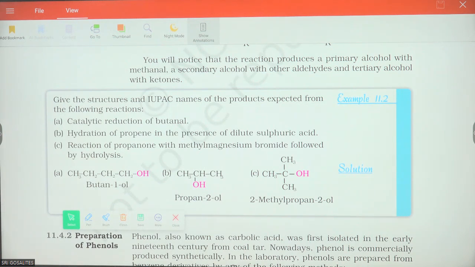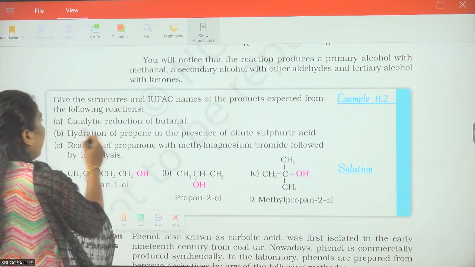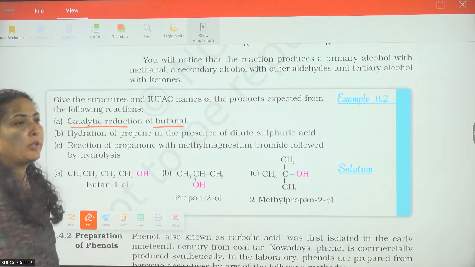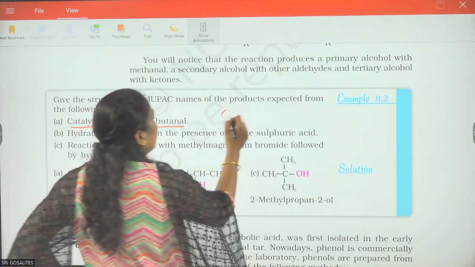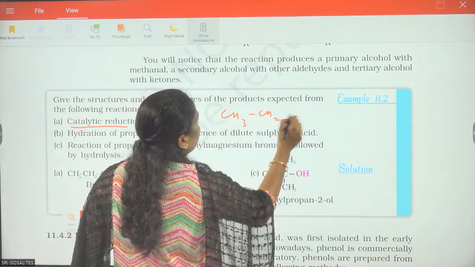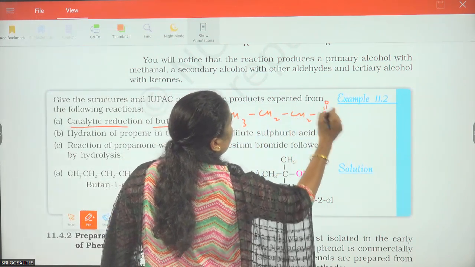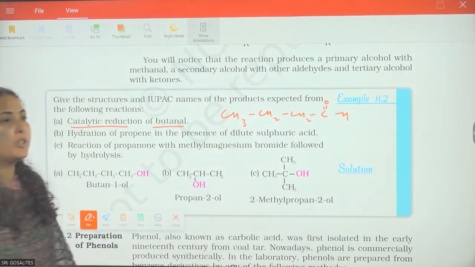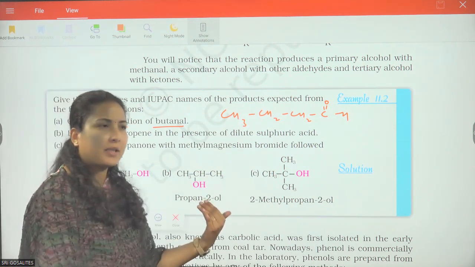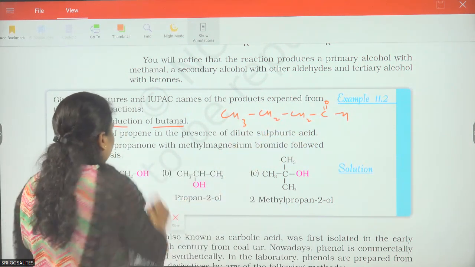Now give the structure and IUPAC name of the product expected from the following reaction. Catalytic reduction means they're talking about H2 palladium, or else H2 nickel. So you're having CH3, CH2, CH2, C double bond OH. When you are doing the reduction using it, it is one step reduction. So aldehyde will come to the alcohol.